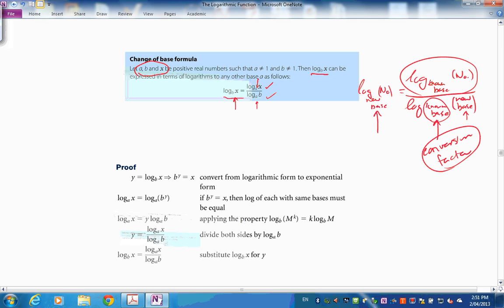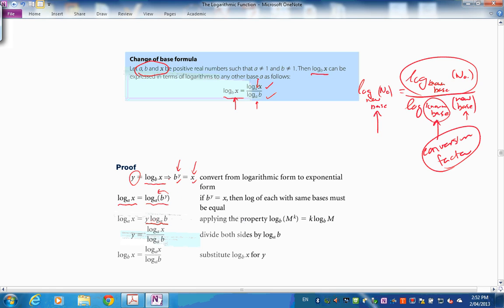Let's look at the proof. So let's say we want the log to the base b of some number x. So what we need is y. So y is the power of b needed to get x. So we can just go to that from our definition. Now if we take log to the new base of both sides, log to the base a of x equals log to the base a of this side, log base a of b to the y, and therefore bringing that power down because it's raised to a power, multiplying the powers together.